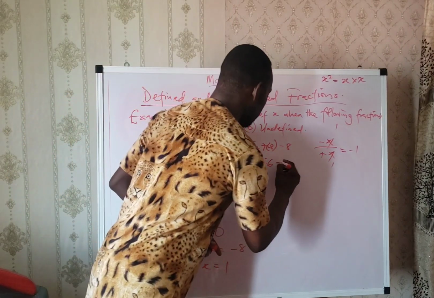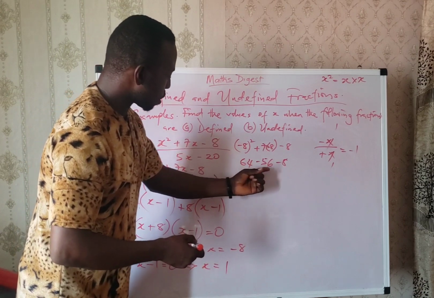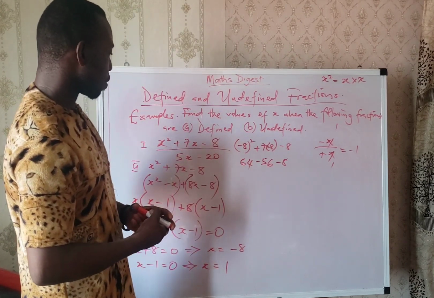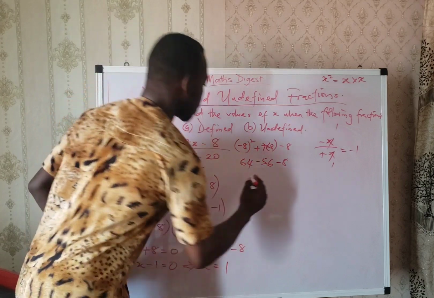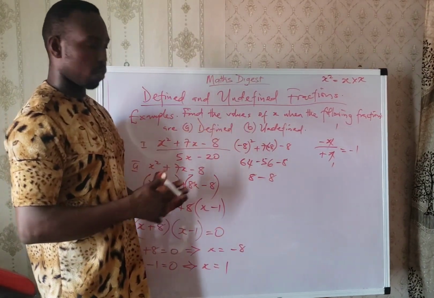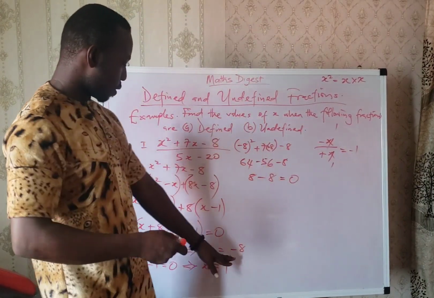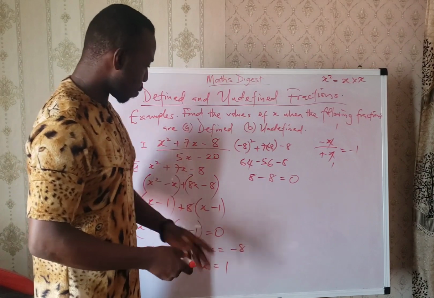Now, minus 8. Now, 64 minus 56. This will give us 8. And 8 minus 8 is equal to what? 0. Ladies and gentlemen, this first one is correct. Let's check the second one.